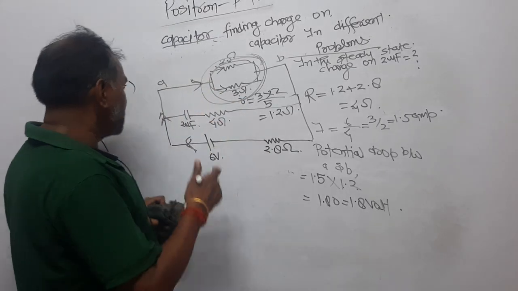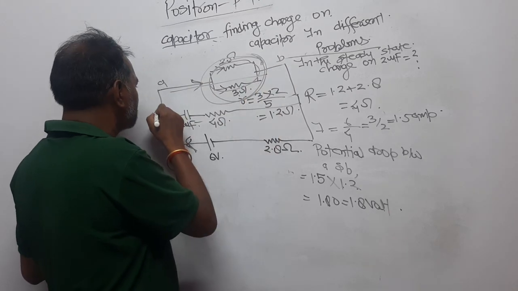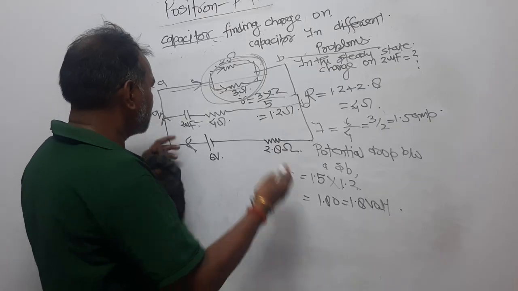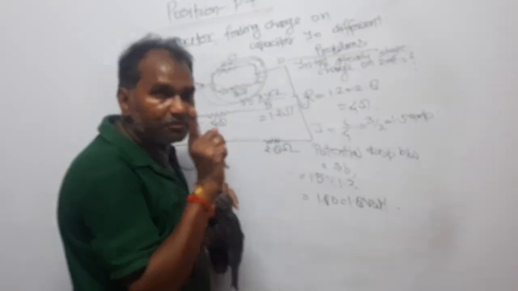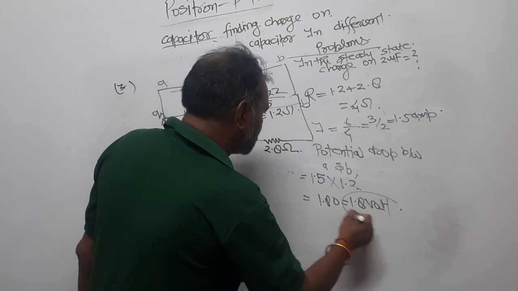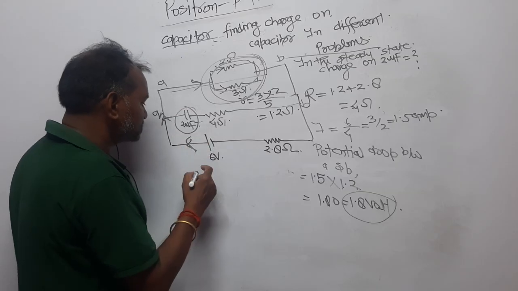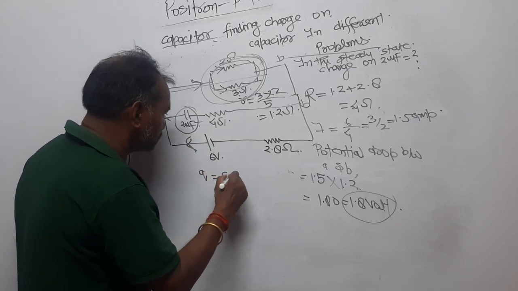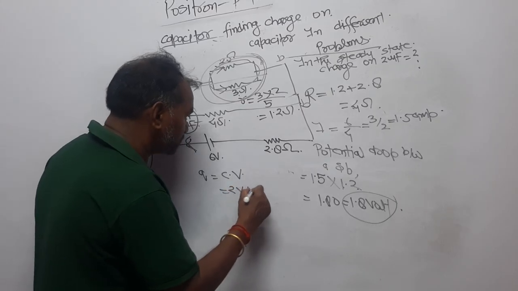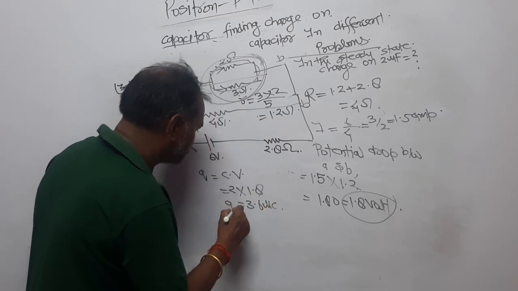If these two combinations are in parallel, this is A and this is B, and this is also A, this is also B. It means the potential difference between the plates of the capacitor will again be VA minus VB, and this potential difference will also be applied here, right? So the charge in this capacitor, Q is equal to C into V. C is 2 and V is 1.8, and that is equal to 3.6 microcoulomb.